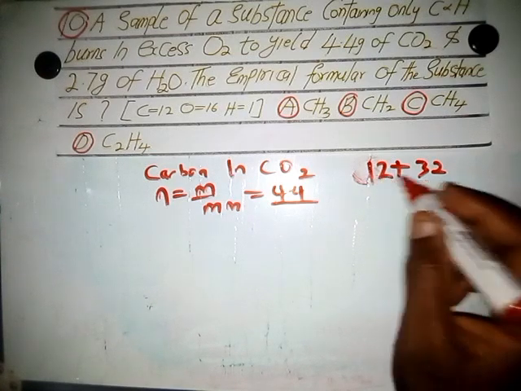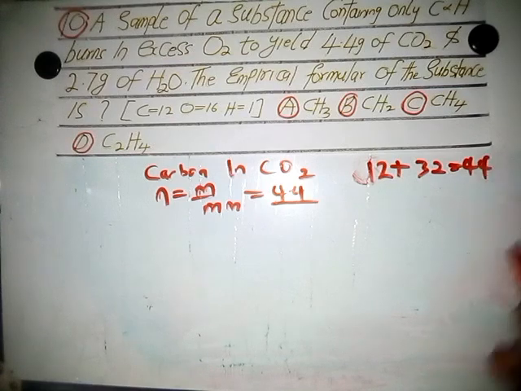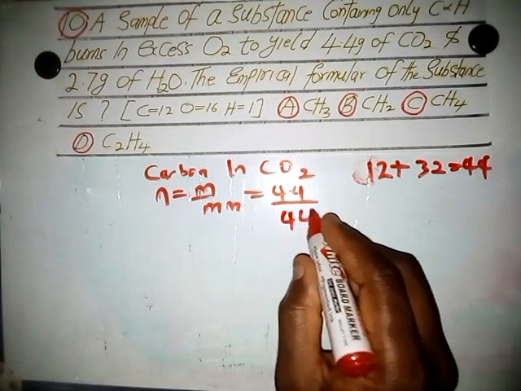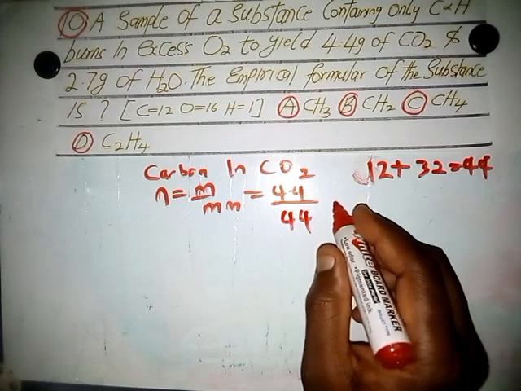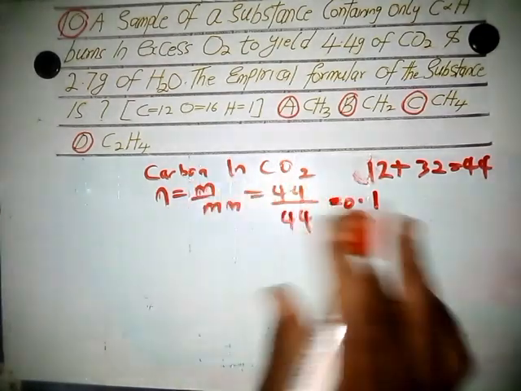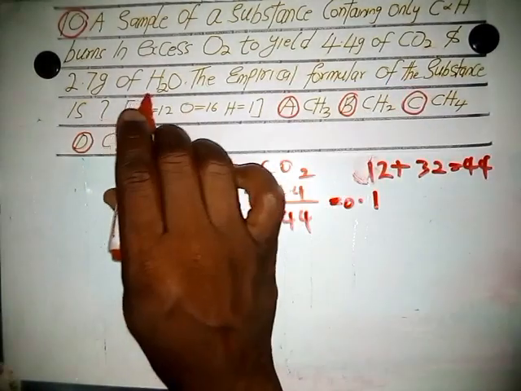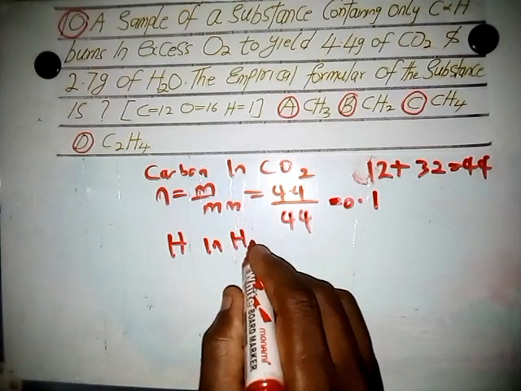Then 32 plus 12, you get 44. So divide by 44. When you do this, you get 0.1. That's for carbon.